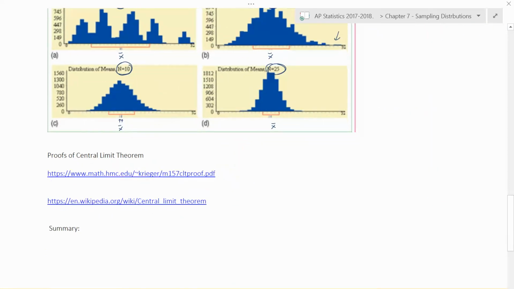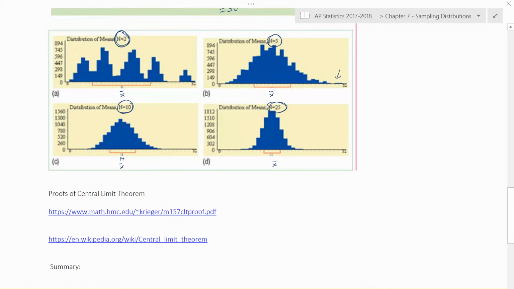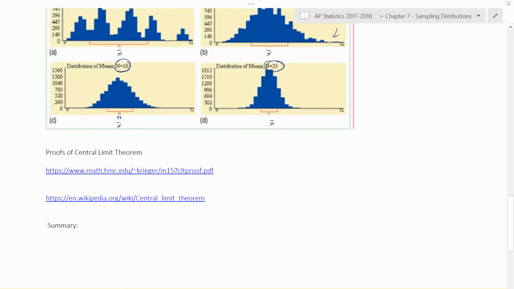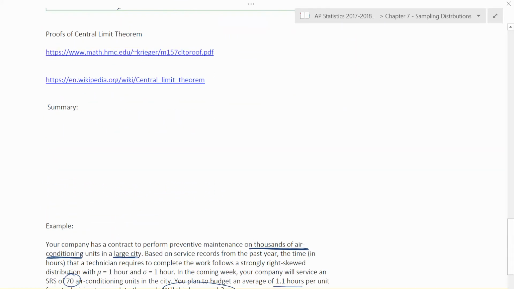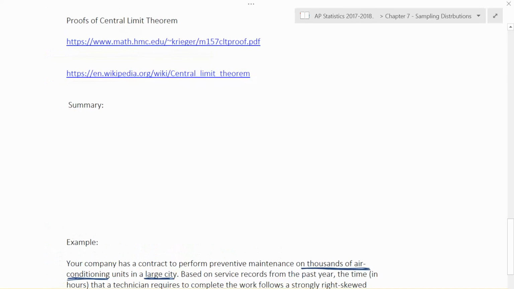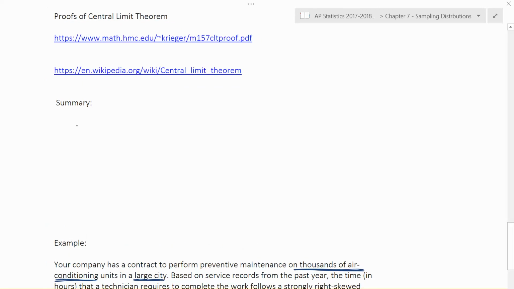So we can then use normal calculations, just like we did with proportions, to find things like the probability that a sample proportion or sample mean is greater than or equal to something.